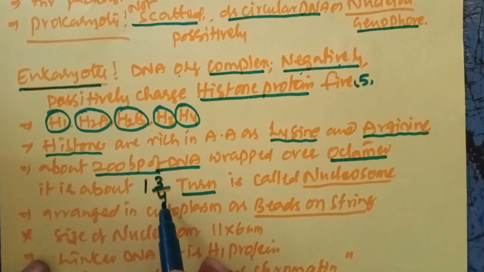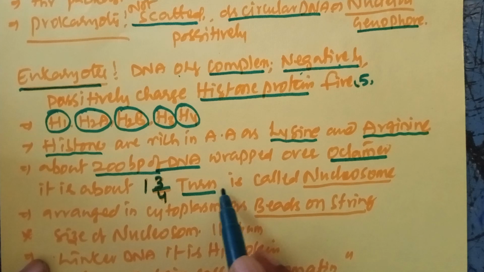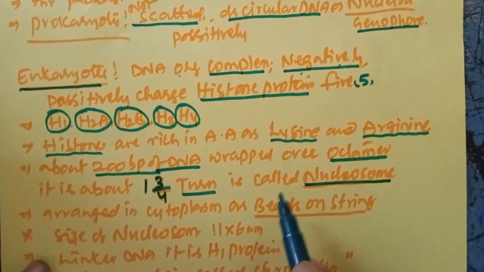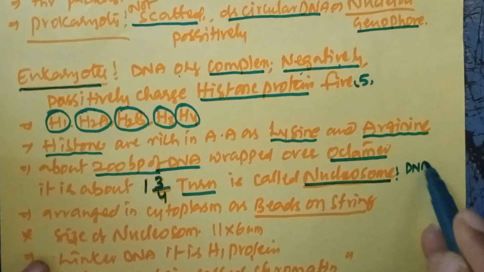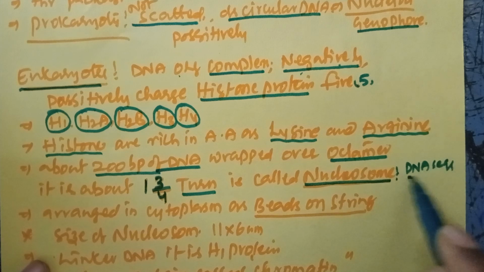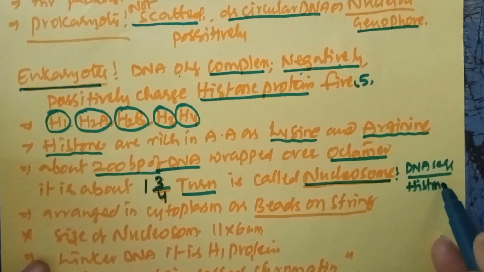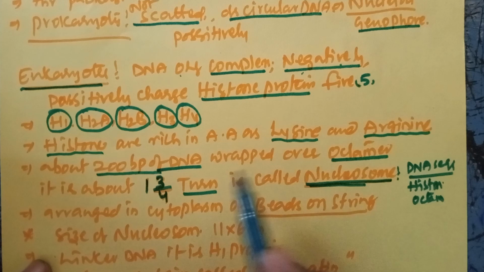So 1 3/4 turns of DNA around the histone proteins is called nucleosome. So nucleosome means the DNA sequence and histone octamer together.